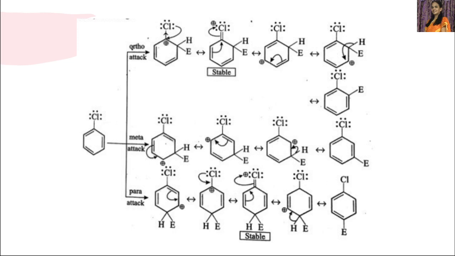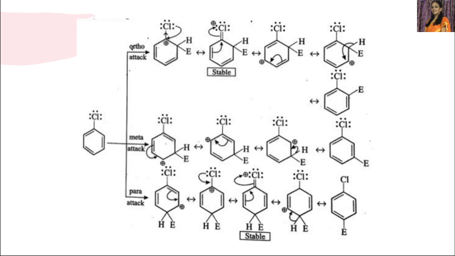Now this bond shifts towards this, then this carbon gets the positive charge, and finally this sp3 carbon loses a proton to the other part of the reagent. Then we will get a disubstituted product, that is the ortho disubstituted product. The electrophile is present at ortho position. Okay.